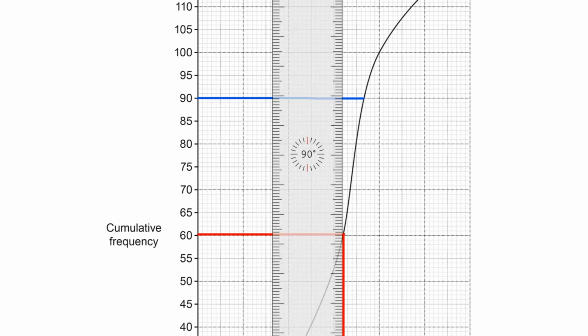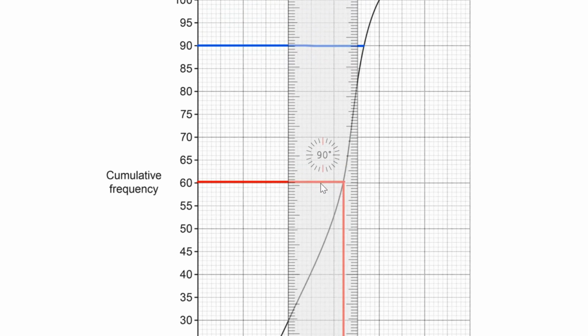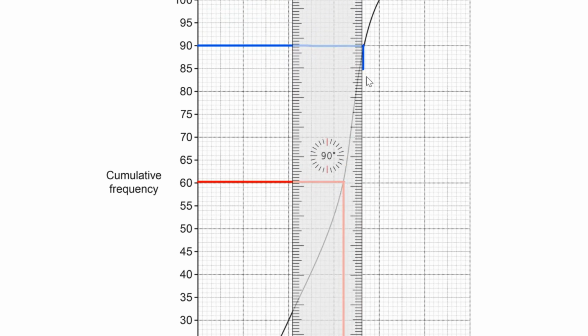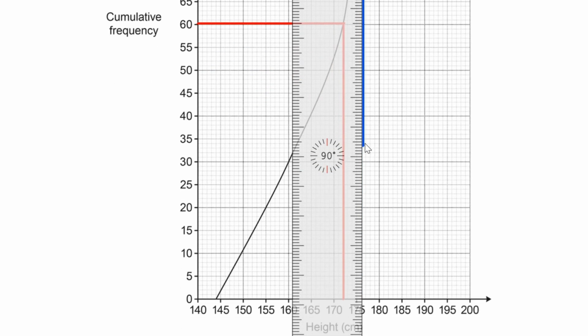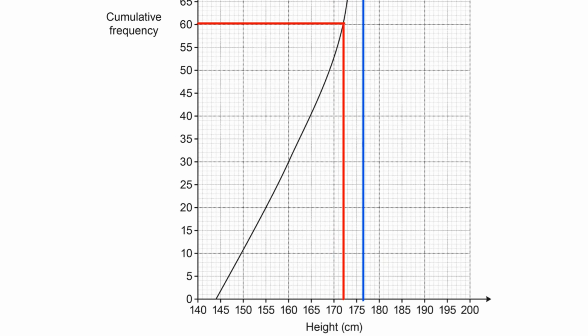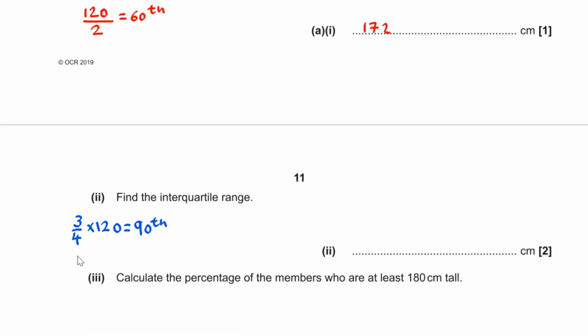And then if we draw a vertical line down from here, you can see then the upper quartile is a value of 176.5. So we've got 176.5 for the upper quartile.